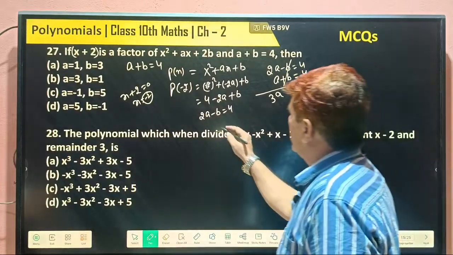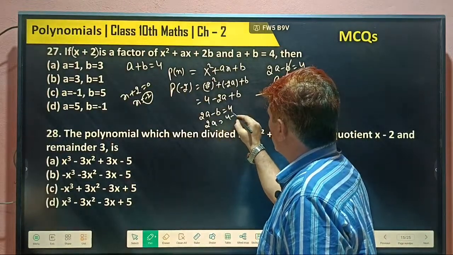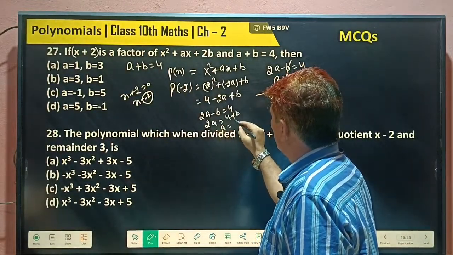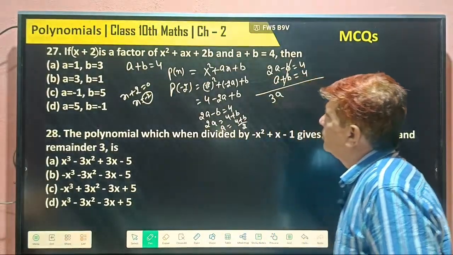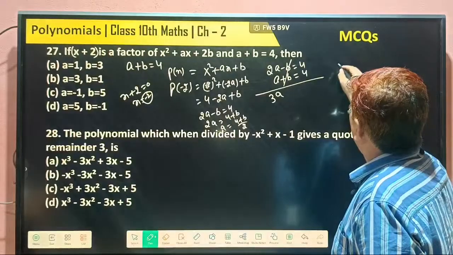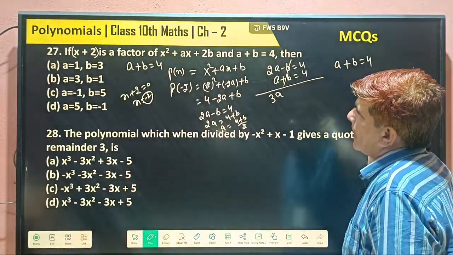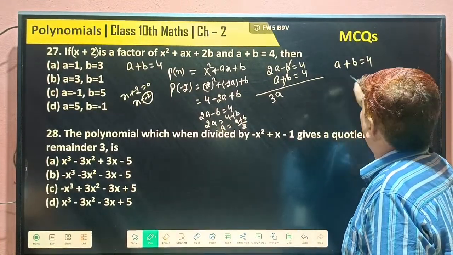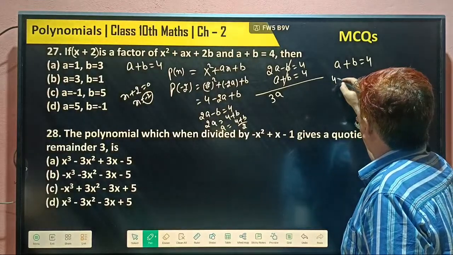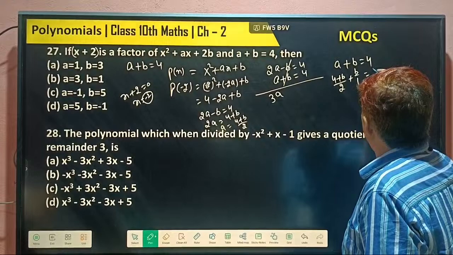Or we can put here 2a is equal to 4 plus b and a equal to 4 plus b by 2. Put the value in place of a in a plus b equal to 4. So what's your a? 4 plus b by 2 plus b by 1 equal to 4.